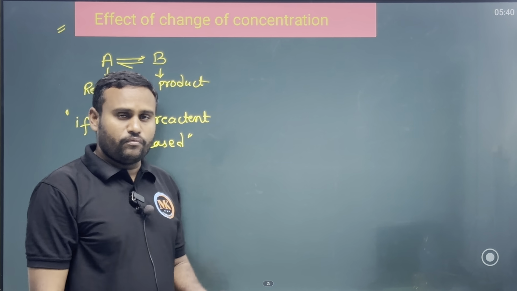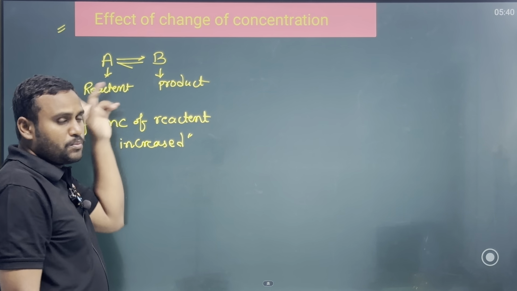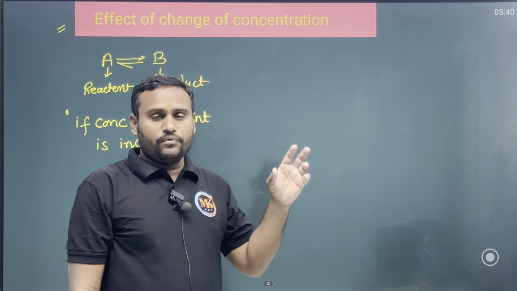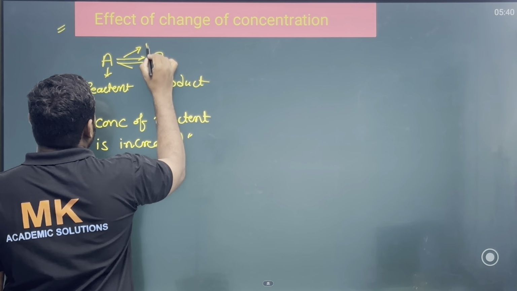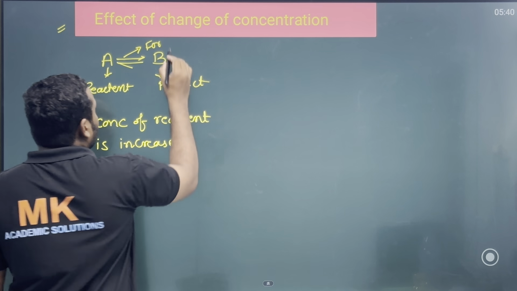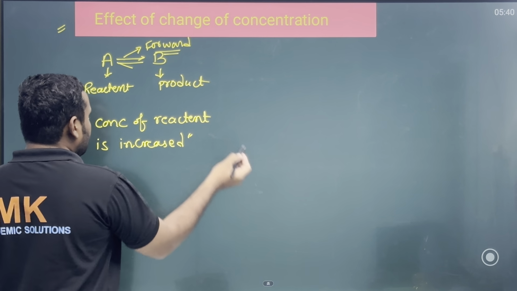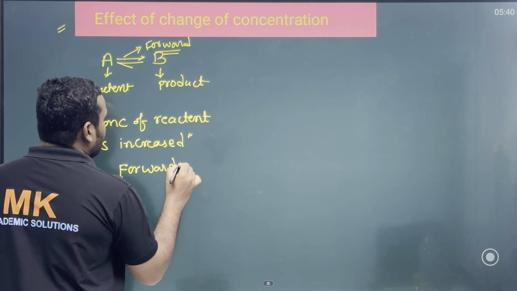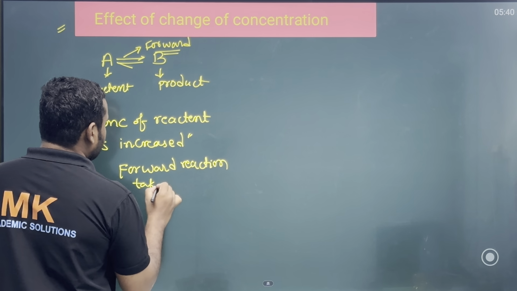What will happen? The excess amount of A is going to be converted into B. In which reaction is A converting into B? The forward reaction. So if the concentration of reactant is increased, the forward reaction takes place.